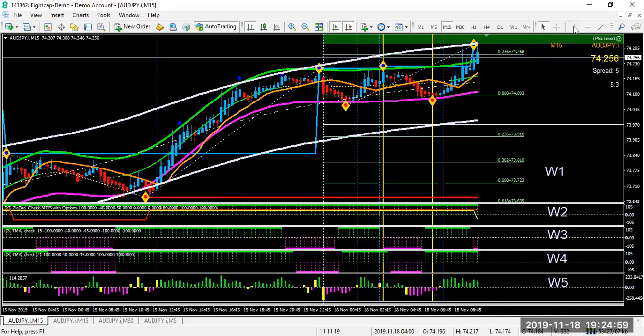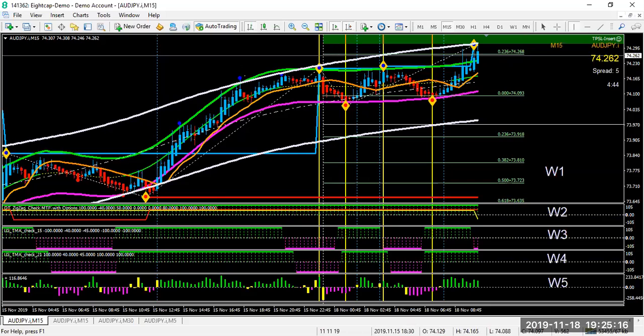So these are all diamonds, and you can see what on the hour. I'll just put some there because there's so many.